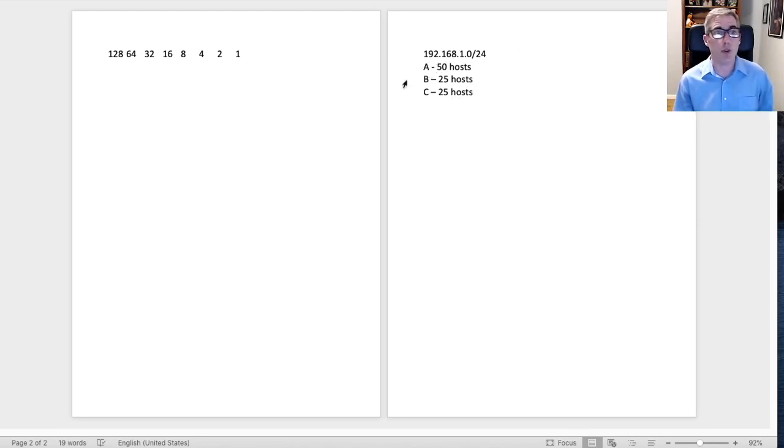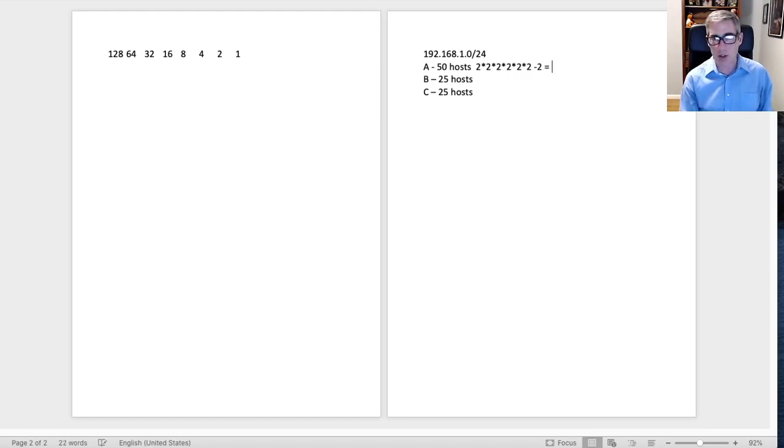And in order to do 50 hosts, it's the same process. How many host bits do we need for 50 hosts? Well, if we count up, 2 times 2 is 4, times 2 is 8, times 2 is 16, times 2 is 32, times 2 is 64, minus 2.